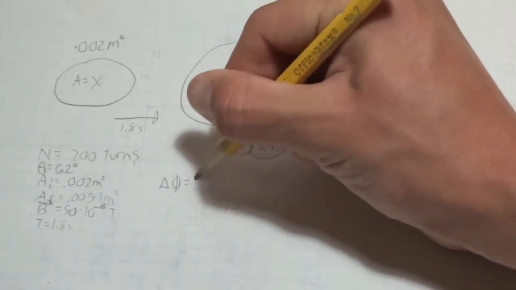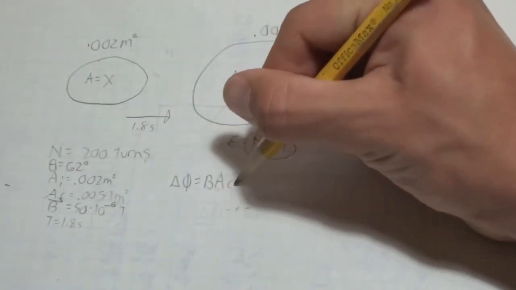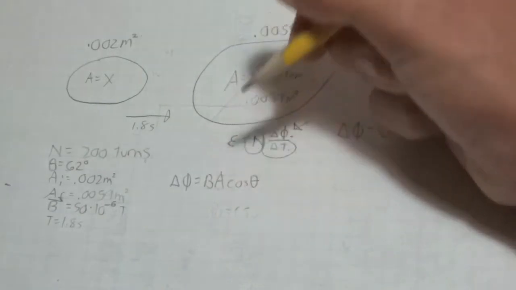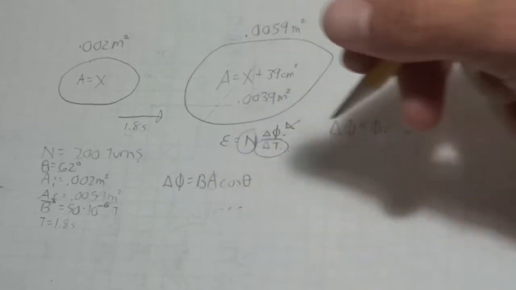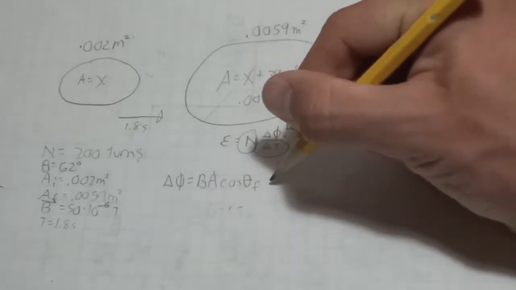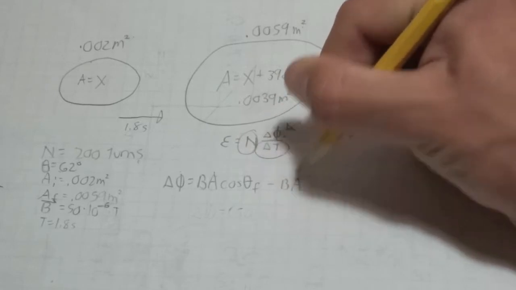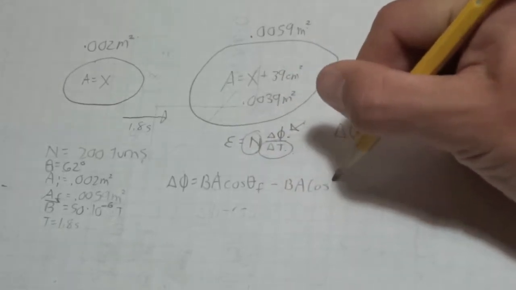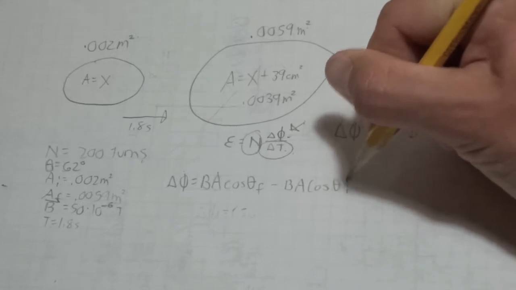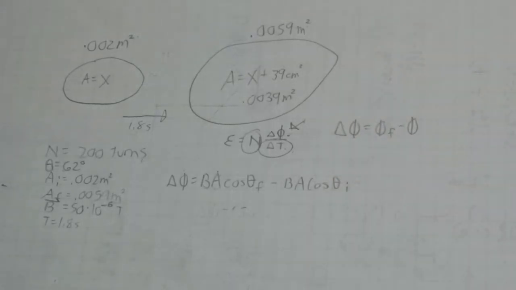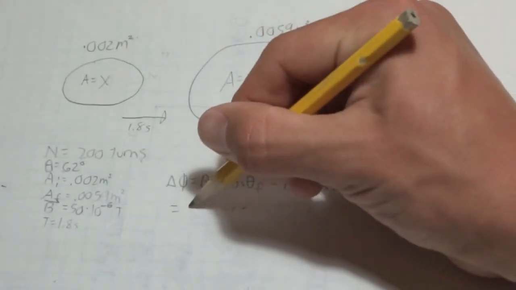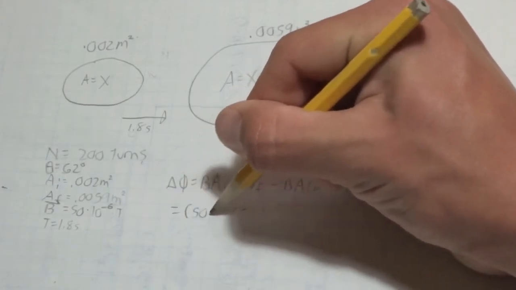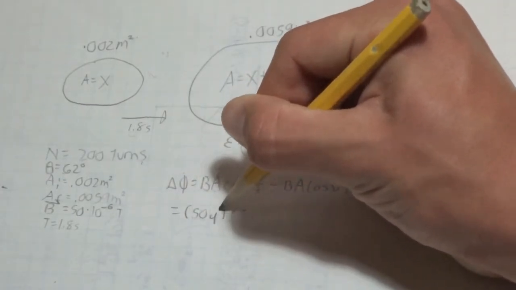Delta phi equals BA cosine of theta. That is our basic equation for magnetic flux. That is, of course, final minus BA cosine of theta initial. Alright, let's go ahead and plug in our givens and solve this. Equals B was given to us as 50 microtesla.